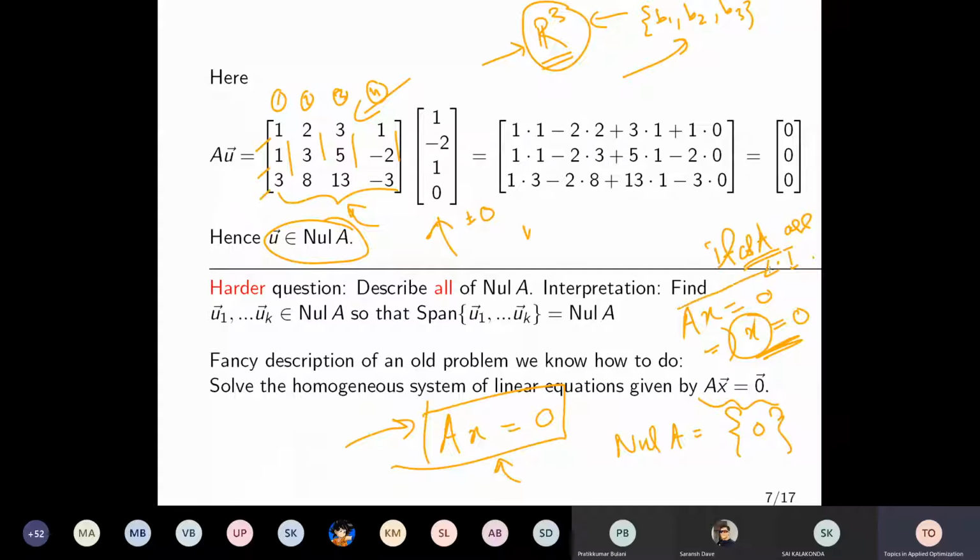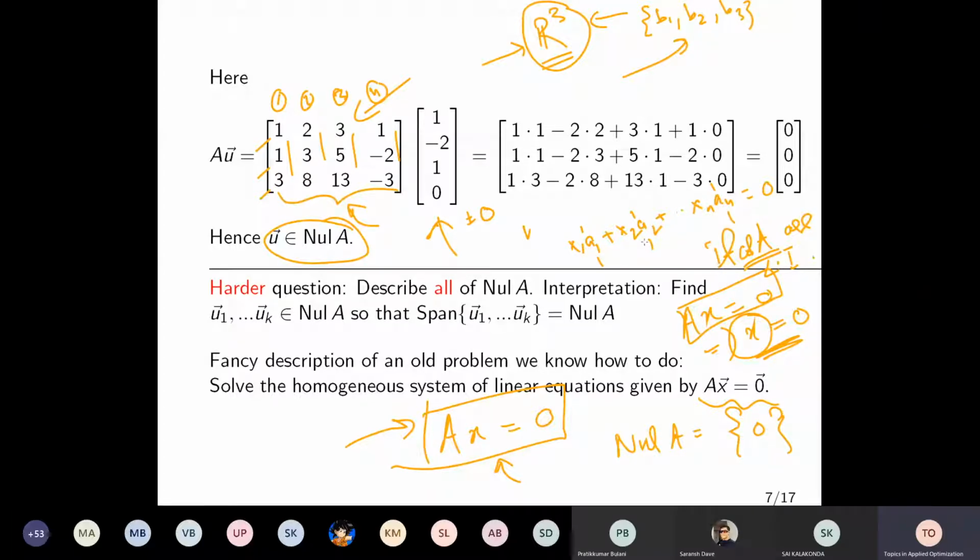If it is linearly independent, then A times x equals 0 forces x to be 0, because this is the same thing as saying x1 a1 plus x2 a2 plus up to xn an equals 0, where a1, a2, up to an are the columns.